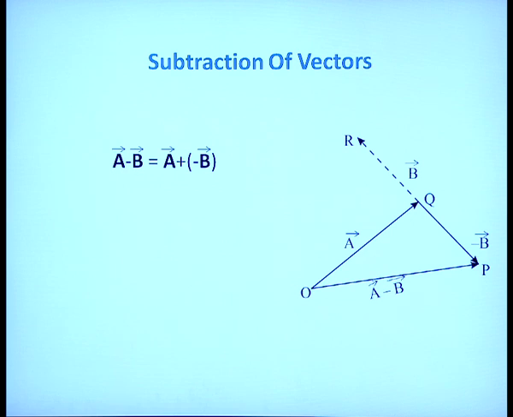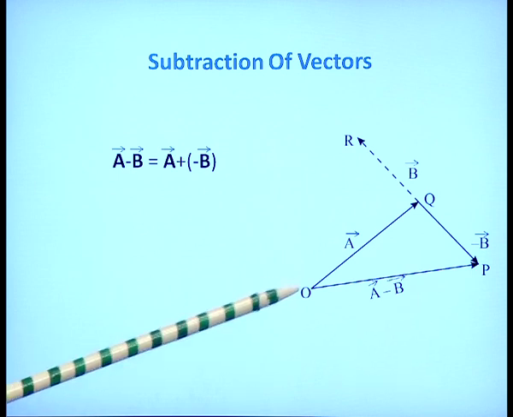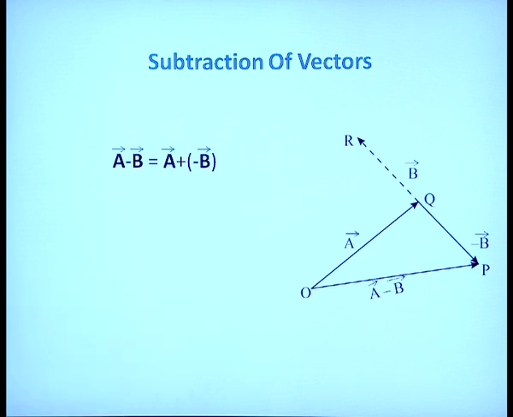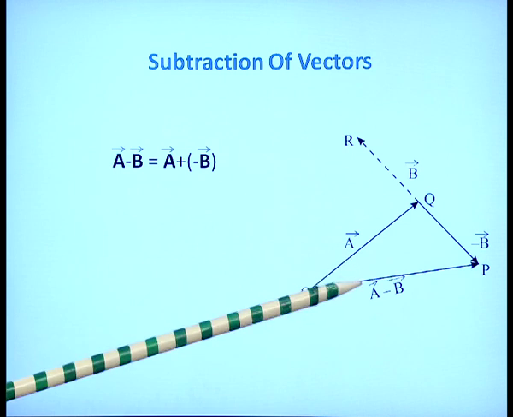Vector A, as you can see, OQ equal to vector A and QR equal to vector B. But we have to find out the addition of A and vector minus B. So, we have to take the negative vector of B, that is QP.